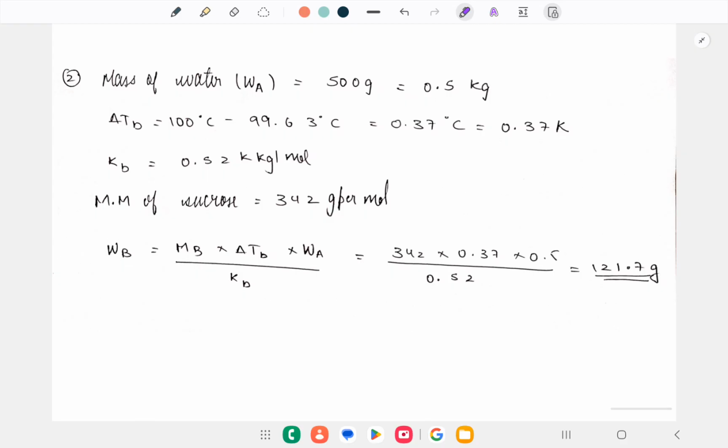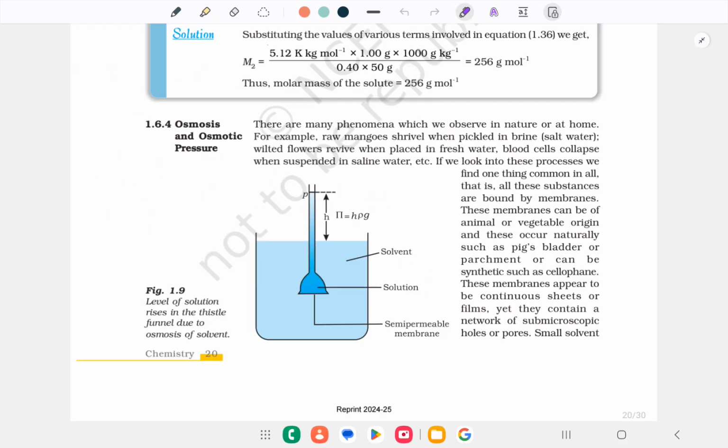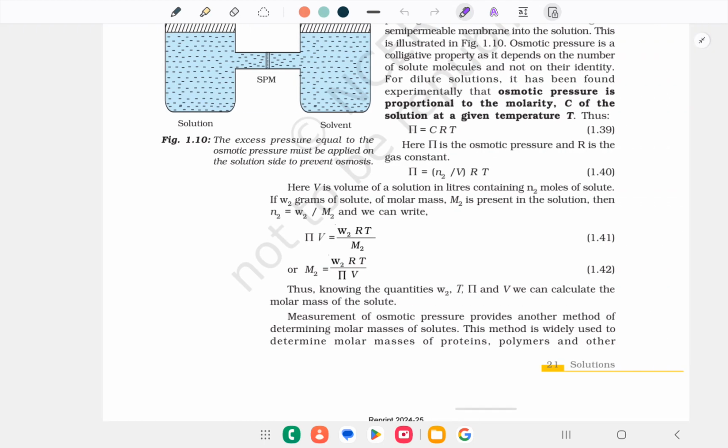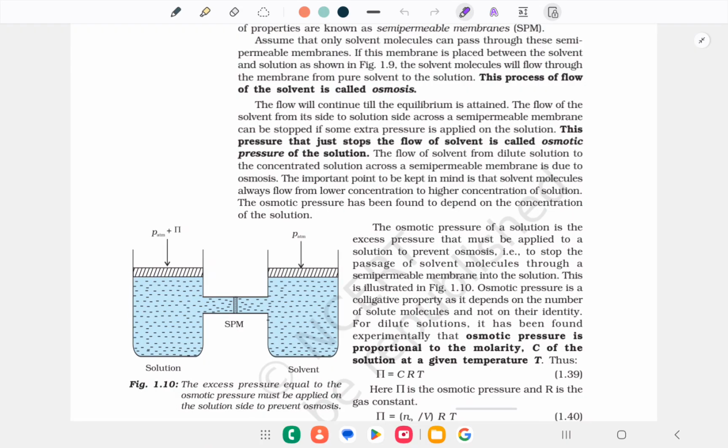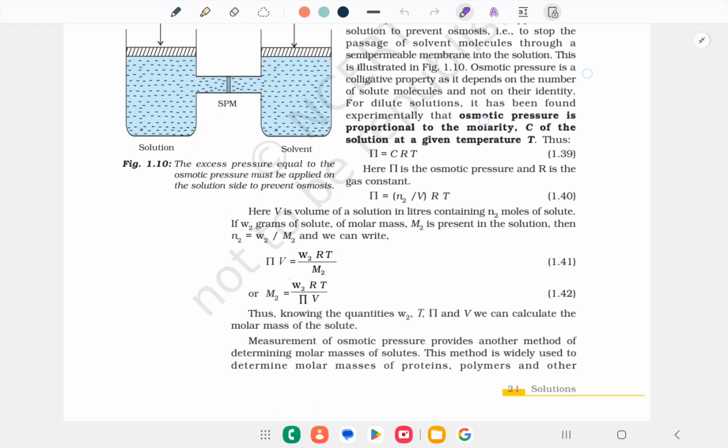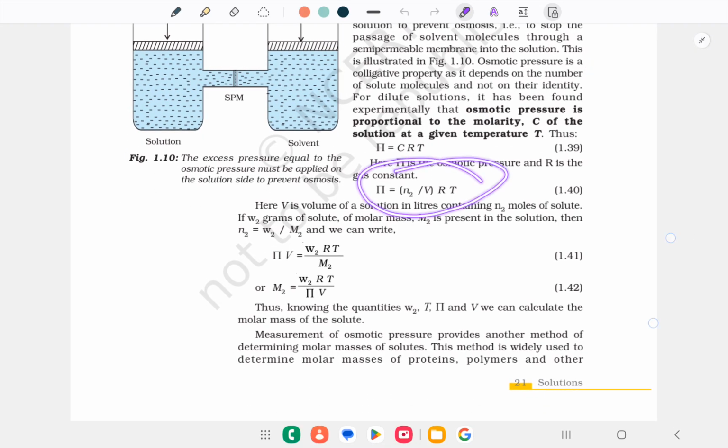Now we have completed the theory part and we will read the NCERT. In the NCERT, osmosis and osmotic pressure and the diagram are given, the semi-permeable membrane and how osmosis will take place, and the external pressure with which we can stop the process of osmosis, and the osmotic pressure is discussed, and these are the formulas.